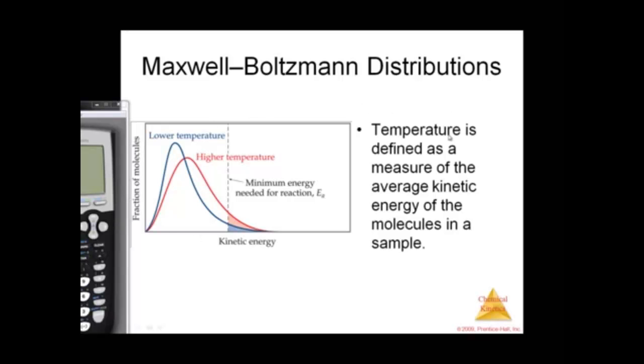And as you increase the temperature, you are causing this skewing in the Maxwell-Boltzmann distribution, right? And if you can imagine, this dotted line indicates the minimum energy for a reaction.